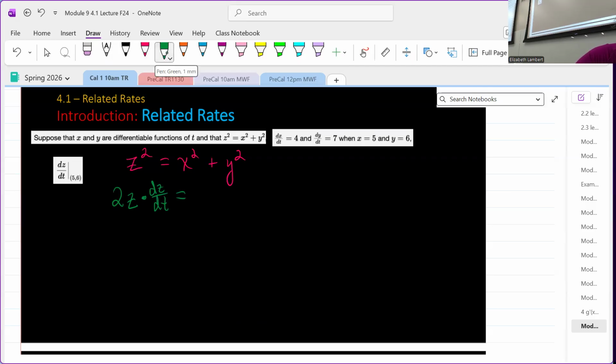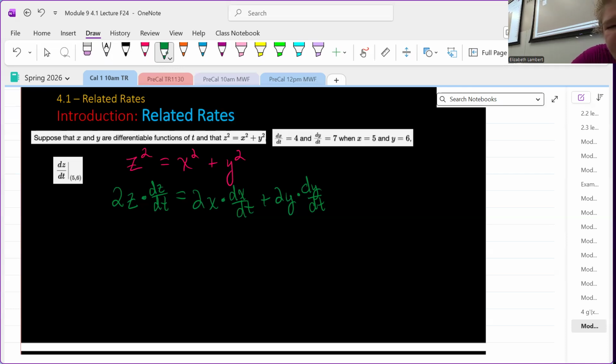The derivative of x squared is 2x times dx dt, plus the derivative of y squared will be 2y times dy dt. So our derivative formula is very ridiculous, but that is what the math tells us to do.